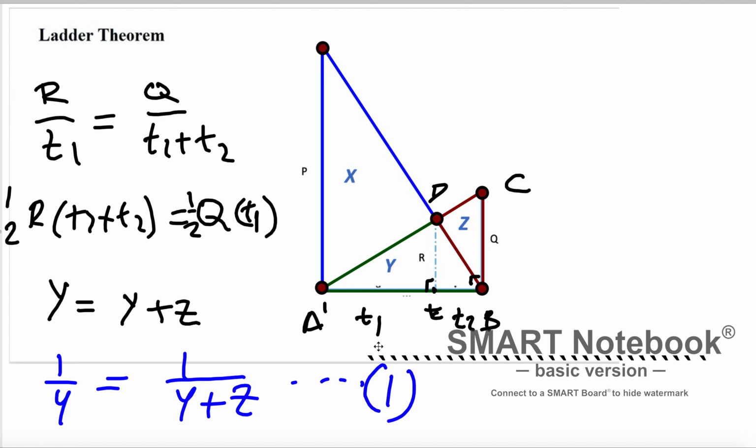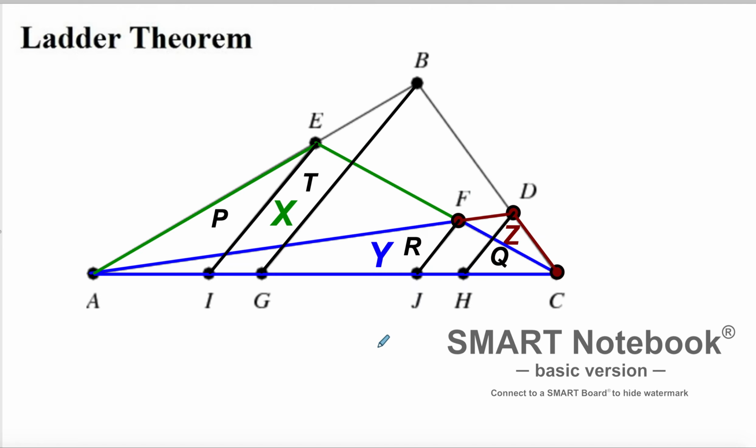Now let's prove equation 2. If we have the same triangle as what we had here, but now a little bit slanted, but those are parallel. Let's say P, this segment B, segment T, segment R, segment Q, all of them are parallel to one another. But now let's look at the left side.